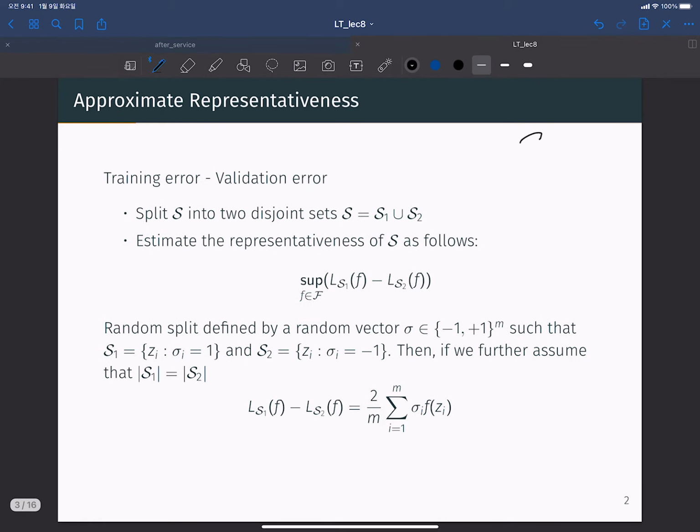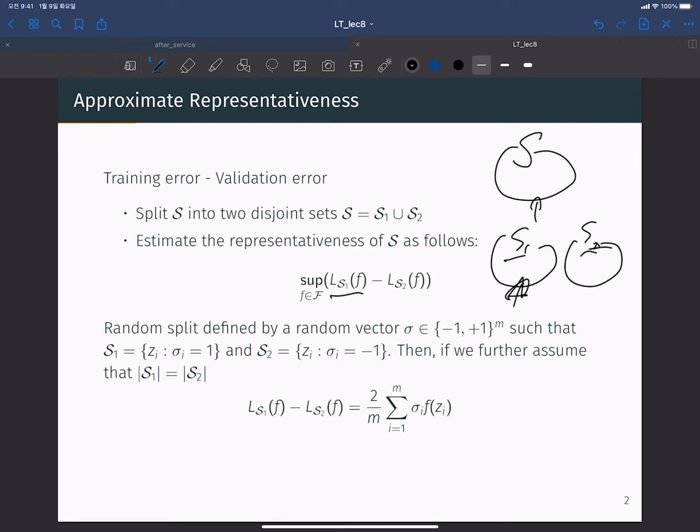When we have the original training data set, we usually split it into two different parts, S1 and S2. Think of S1 as the validation set and S2 as the training set. Then the empirical loss on S1 is considered the test error, an approximation of the test error, and the empirical loss with respect to S2 is the training error.